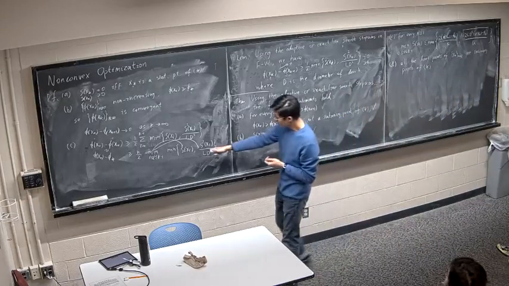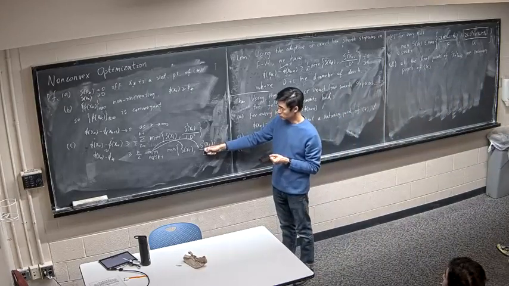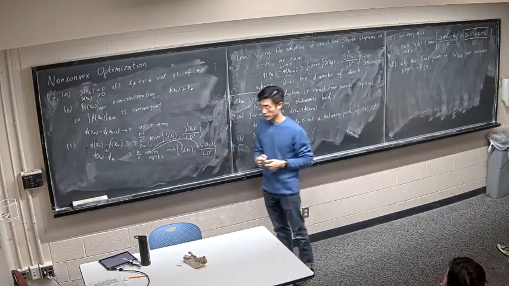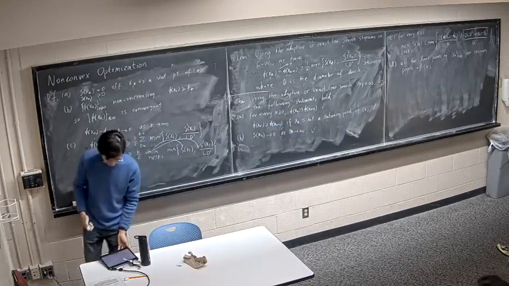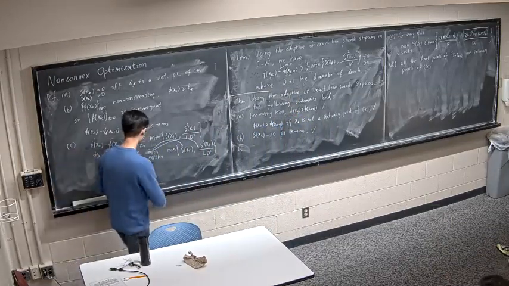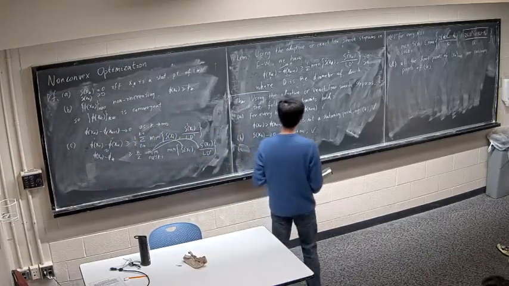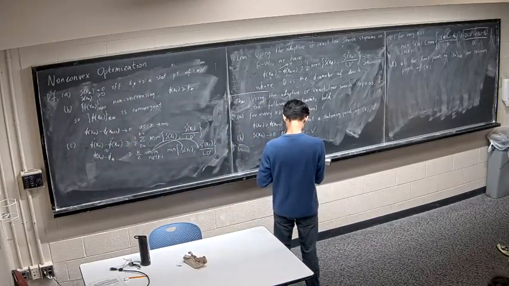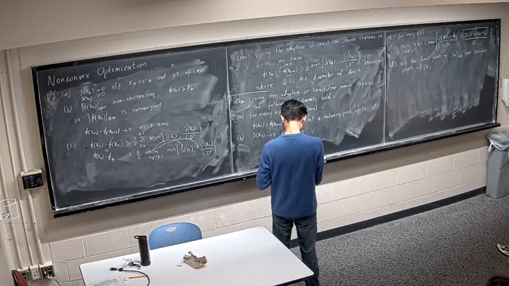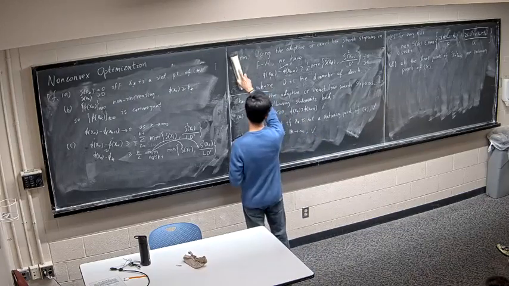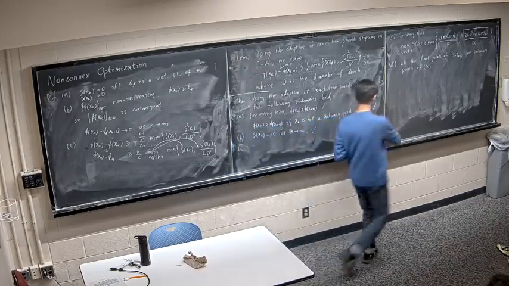Because here you have S squared, and to get an upper bound on S, you need to take the square root. So you have the second term there. Let's prove D here.